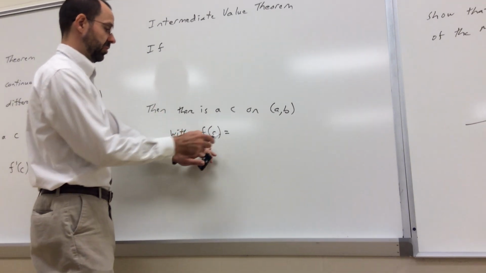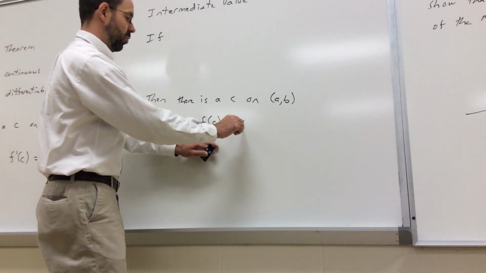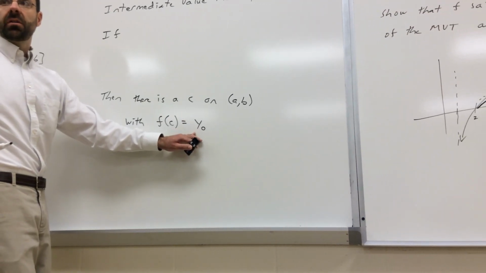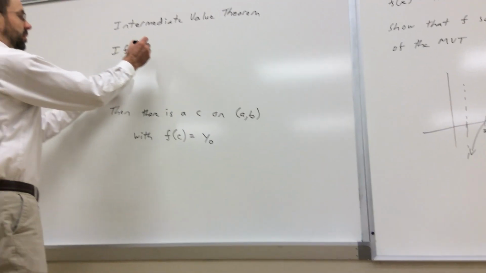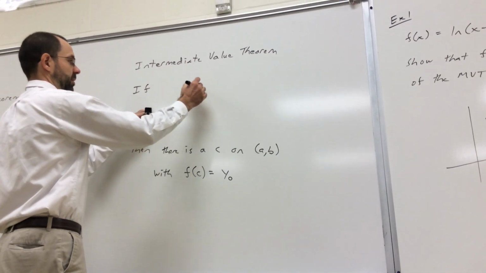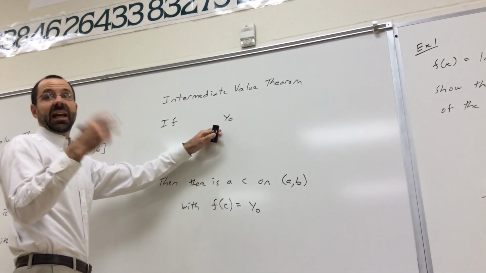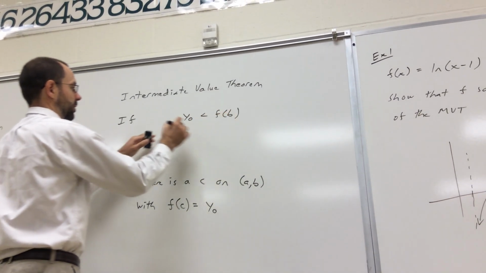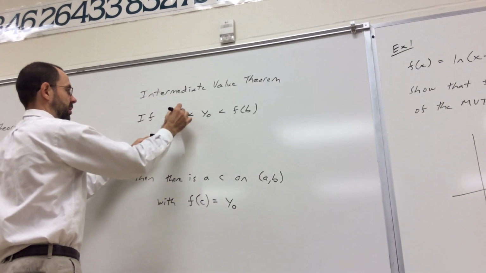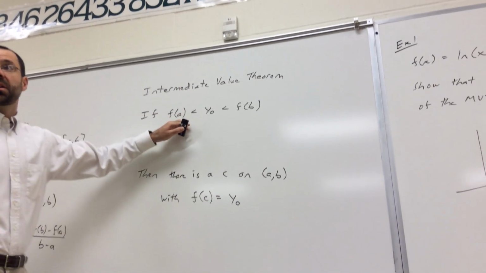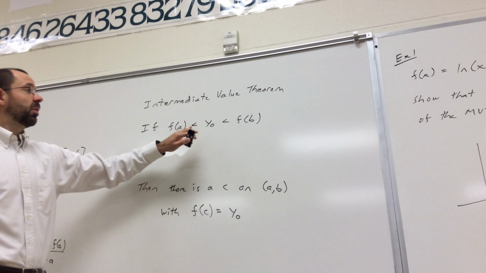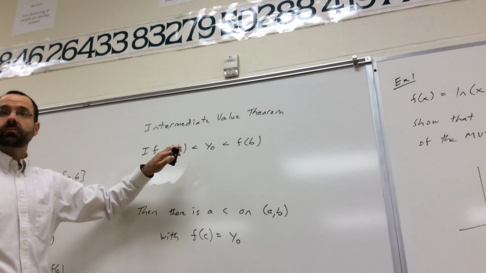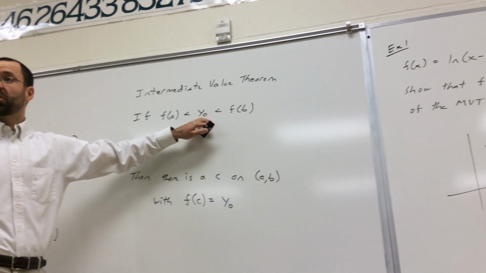Okay, so there's an f of c that equals the y naught. So I have to remind you what the y naught was. The y naught is any number in between f of a and f of b. That's where we get the term intermediate value, because it's the middle number.